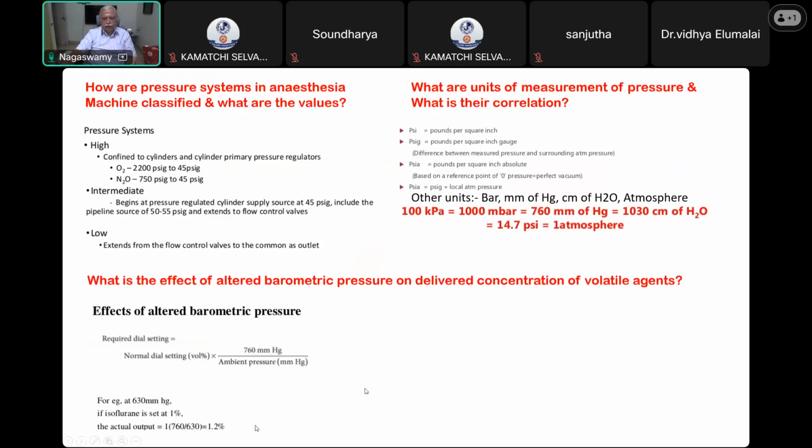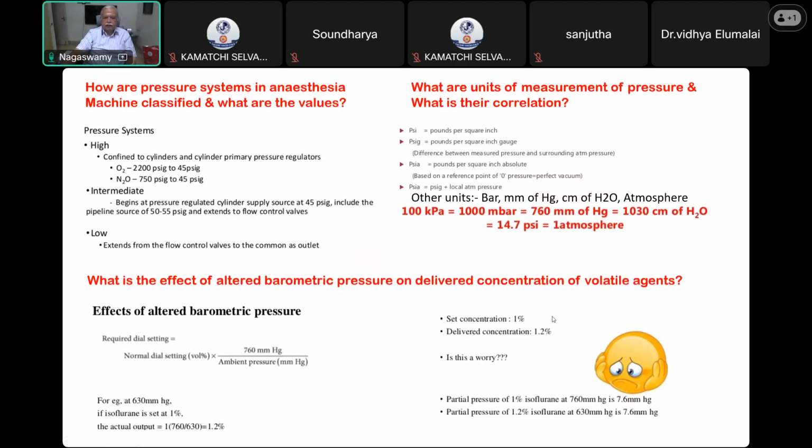But does that mean it will supply more vapor? That will not happen. The set concentration is 1, the delivered concentration will be 1.2. But the partial pressure of 1% isoflurane at 760 millimeters is 7.6. And the partial pressure of 1.2% isoflurane at 630 ambient pressure is also equal to 7.6.